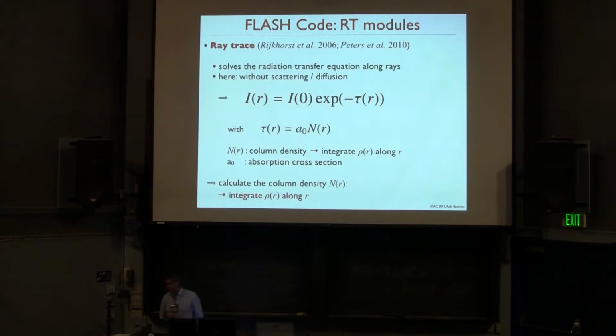So at the end of the day, you have to calculate the optical depth along a path, along a ray, and this is done by integrating the density which provides the opacity for a given frequency, but this is all frequency independent in this case. You just have to integrate. I'm saying just, but this is also not really a trivial problem. Integrate along a ray, along a long radial distance from your point source.